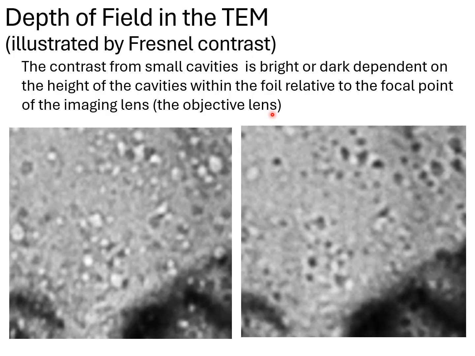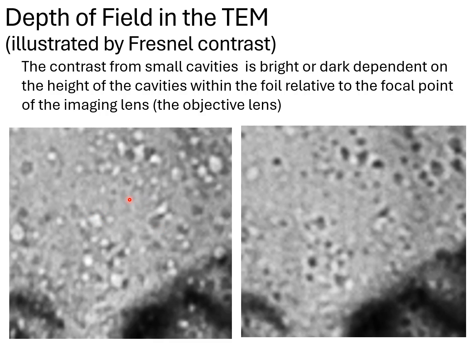So when you know you have cavities, Fresnel contrast comes into play when you're going through focus in understanding the variation in the focus in a regular image. So here's some cavities, real cavities or helium bubbles in an irradiated Inconel X750 sample.